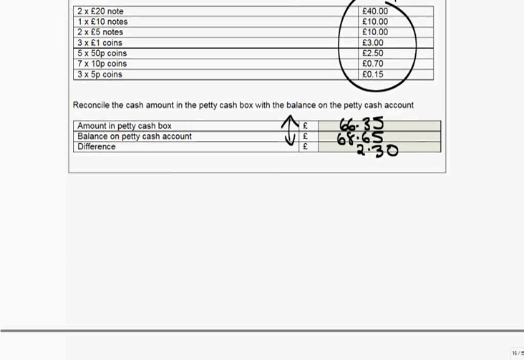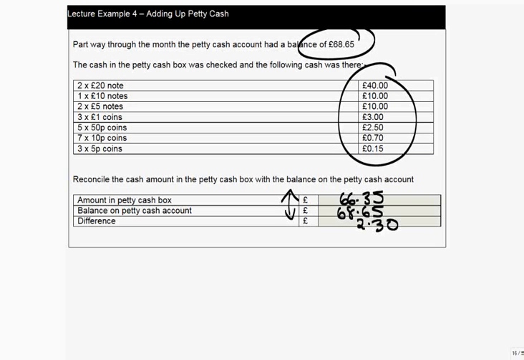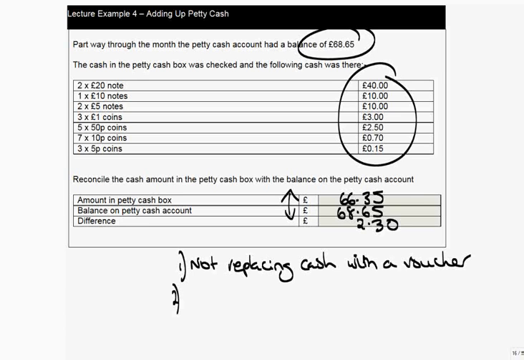Now what we might want to think about is, why do we get a difference? Well, that difference could be caused by somebody not replacing the cash with a voucher, so taking the cash out and not giving a receipt in for what they've spent the money on. We also could have errors in the petty cash book itself.